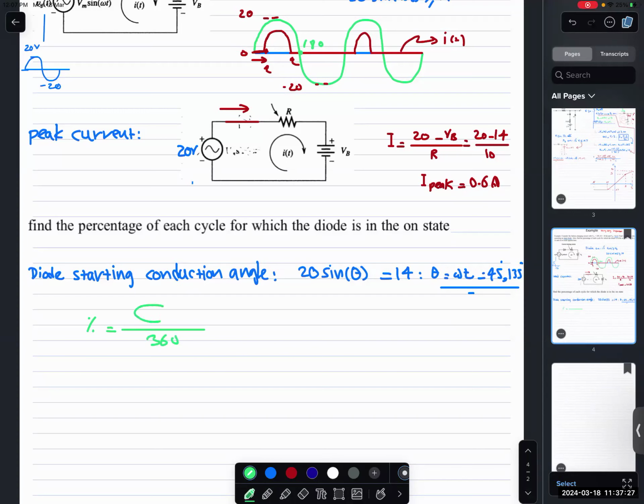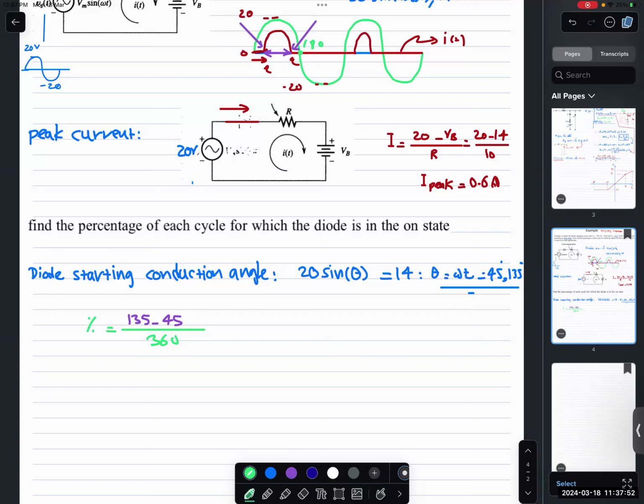So you put 360 on the bottom, and on the top you put this interval, which is 135 minus 45. That will give you the conduction in one period.